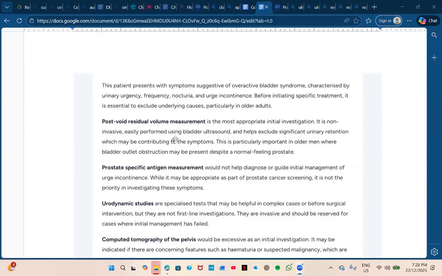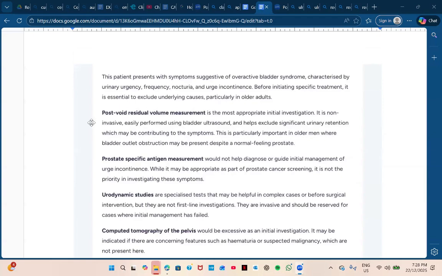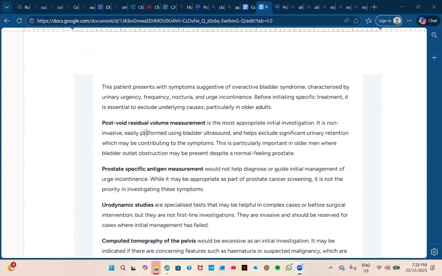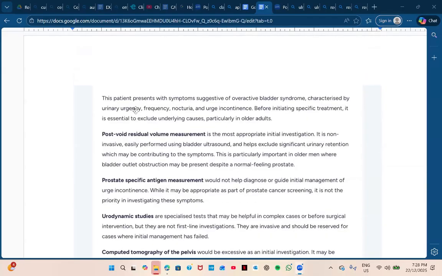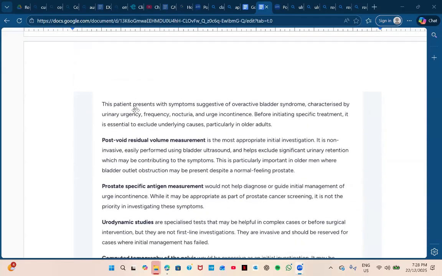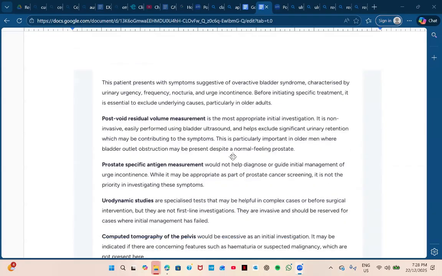Okay, so in old people, just think about post void residual volume measurement. Not only for the older man when suspecting a prostate problem, you have to exclude retention as well, right, before treatment.